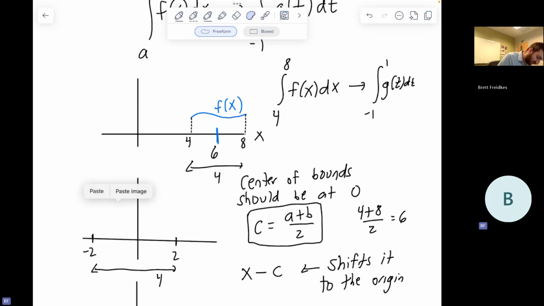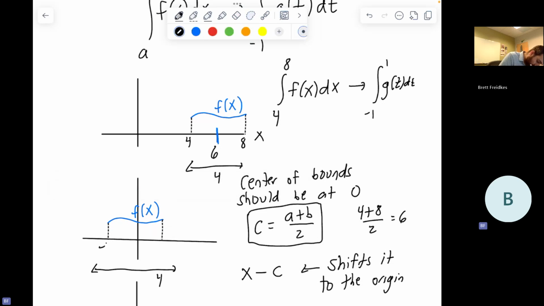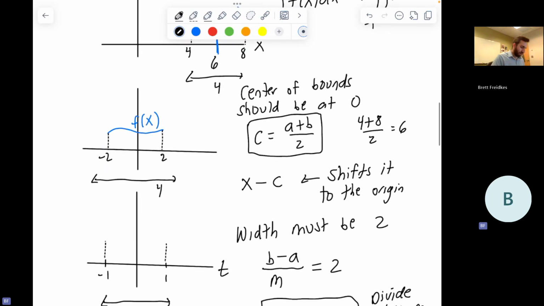This blue curve we have shifted. Let's try to line them up. And then I'm going to take it and squeeze it together to fit within my bounds of -1 to 1.